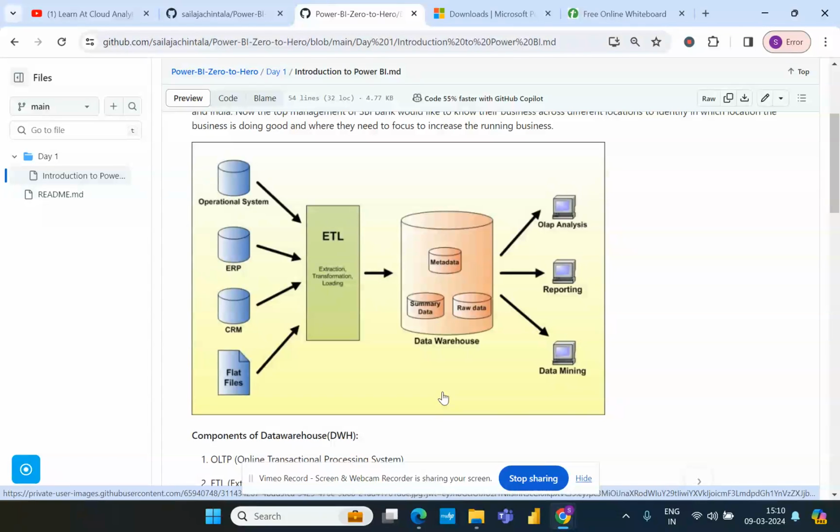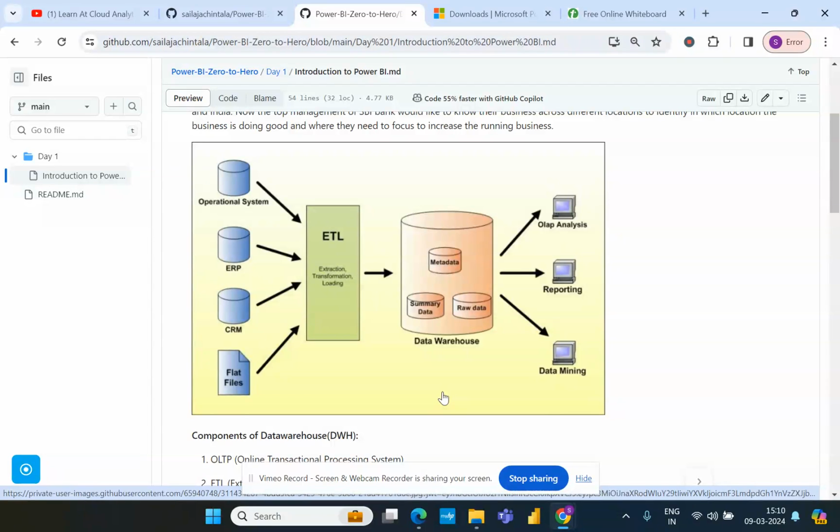All this data has to be brought into a placeholder where you can combine it together, and if needed you might do some transformation to make sure that all the data is in a standard structure or uniform format, which would then be helpful for your further analysis. And that is exactly what your ETL layer does.